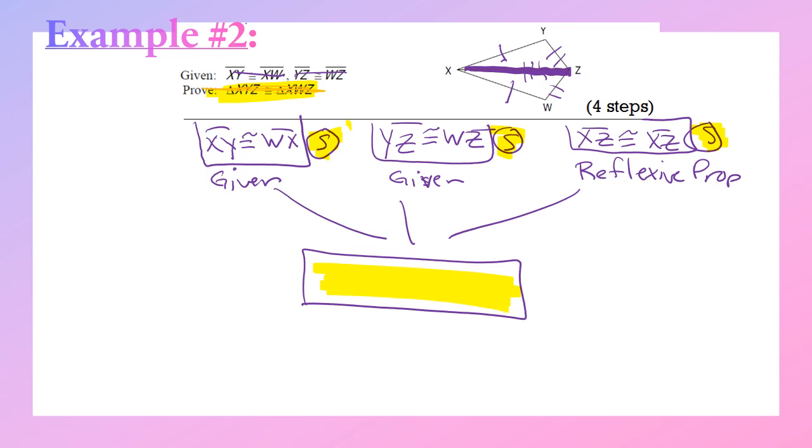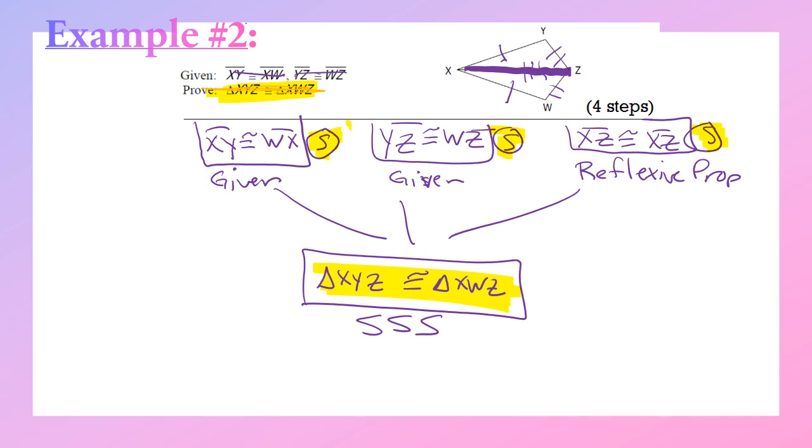So copy that statement exactly. So triangle XYZ is congruent to triangle XWZ. And the reason those two triangles are congruent is because I have three pairs of congruent sides. So I'm going to use the side, side, side method.